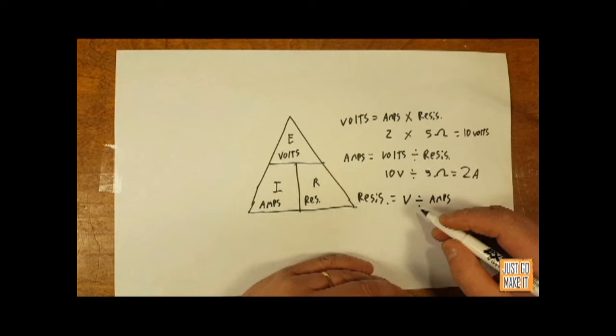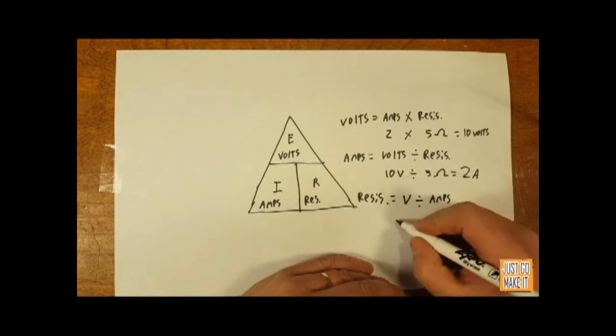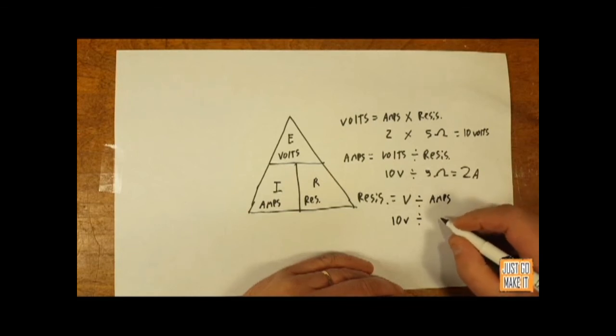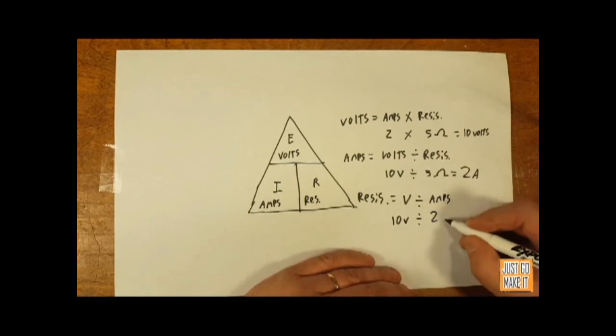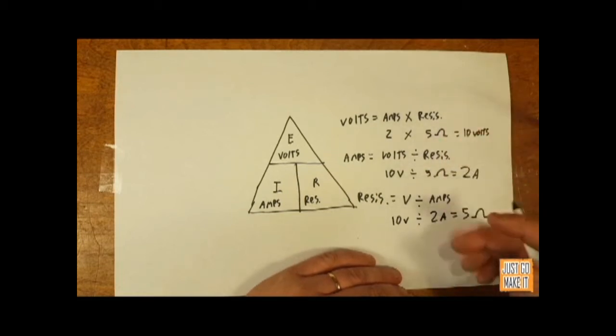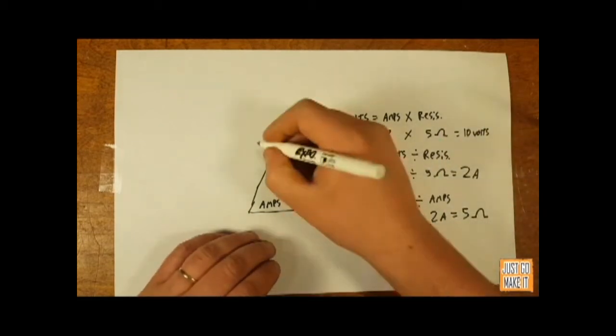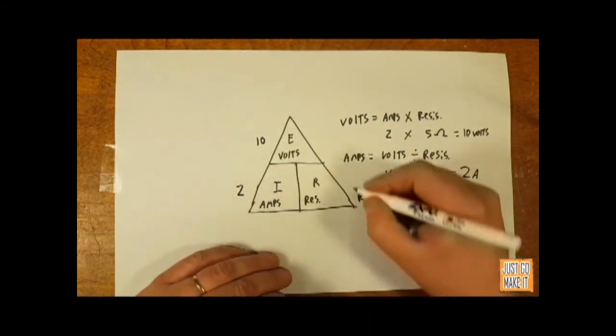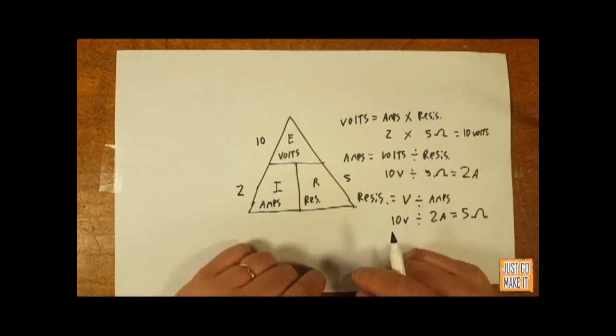So going back to this, we have a circuit with 10 volts divided by 2 amps, so we know the resistance on that circuit is 5 ohms. Simple enough. So in this diagram, we had 10 volts, 2 amps, and 5 ohms of resistance.